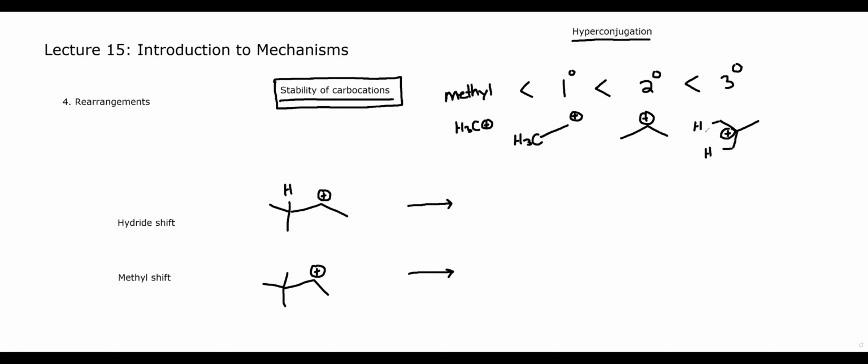So tertiary, sometimes secondary. It's very rare to see a methyl or a primary carbocation, okay, but we may see them. Typically, carbocations are going to be tertiary or secondary, okay? So when we see these carbocations in mechanisms, they are often going to undergo rearrangements.